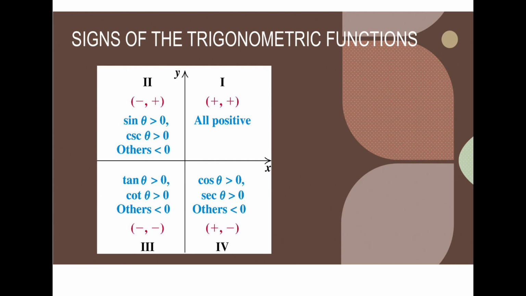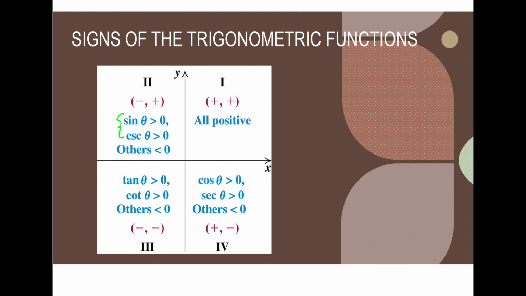In the second quadrant, we have sine and its reciprocal, and all the others will be negative. So sine and cosecant are the only two that are positive, and the others, cosine, secant, tangent, cotangent, are all negative.